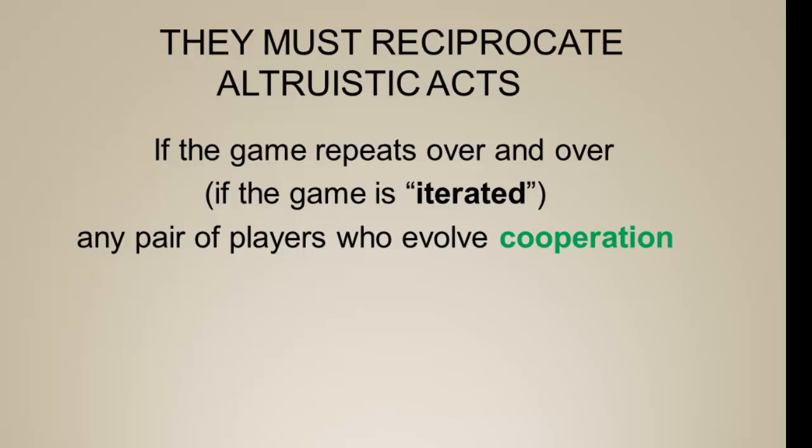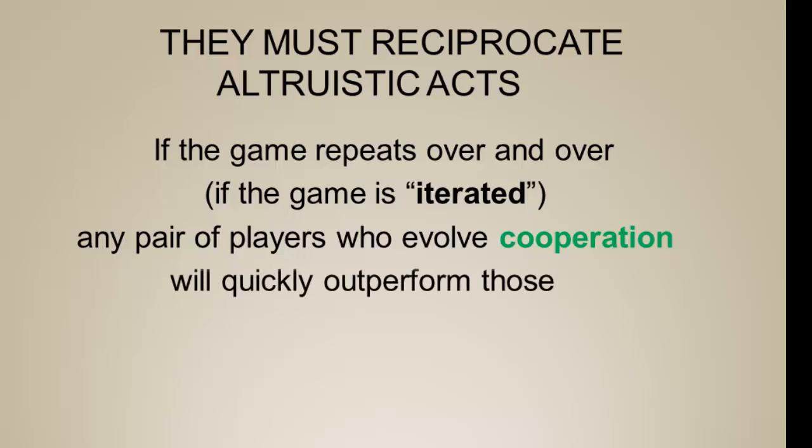And this means that any pair of players who might evolve this cooperative strategy, who might choose cooperation over selfish behavior, would quickly outperform those who simply play a selfish strategy. Their offspring would proliferate, and pretty soon, if this cooperative strategy was genetic, there'd be cooperators running around everywhere, and selfish players would diminish in number.